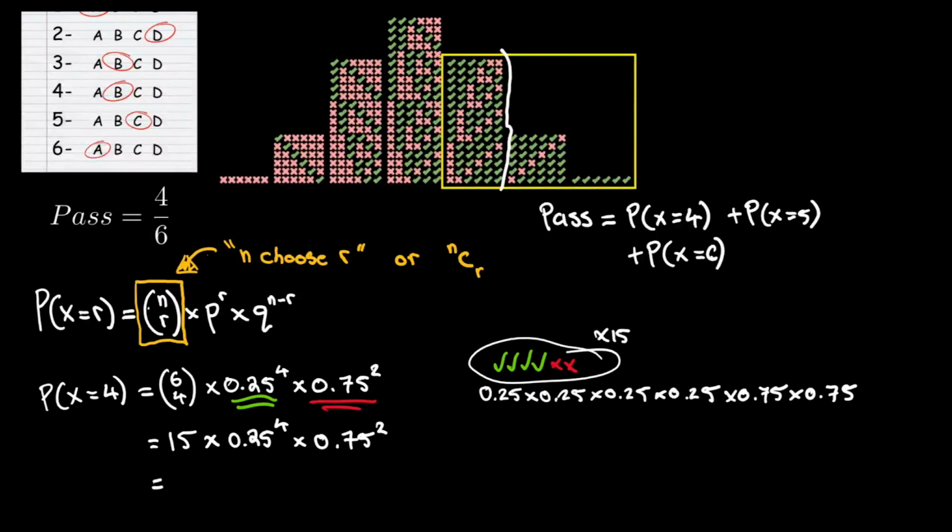If I put this into my calculator, what I get is 0.032958, or I could just say I've got 0.033. I'm going to go ahead and calculate these quickly for getting 5 out of 6 correct and 6 out of 6 correct.